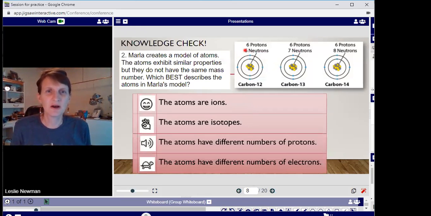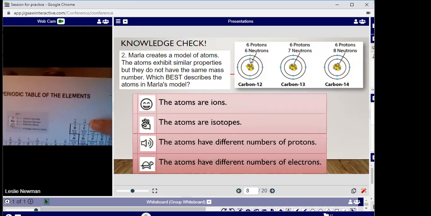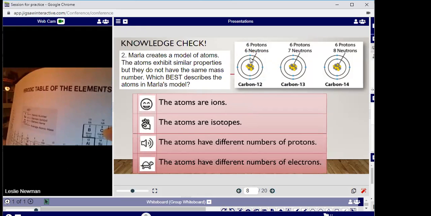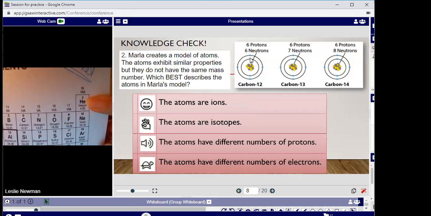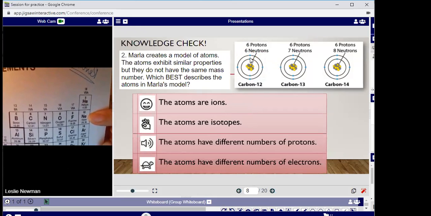So if we go back to our models here, you can see that carbon has 2 electron levels. And that is because it's in the second period of the periodic table. Carbon is over here. And you can see helium is the first period, and then carbon is down in the second period.